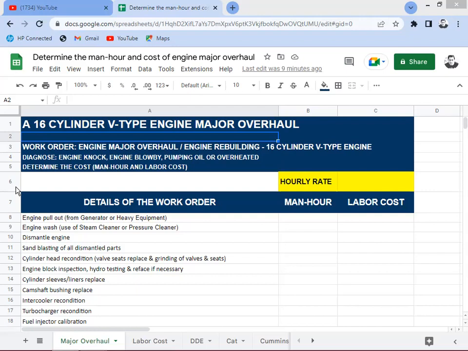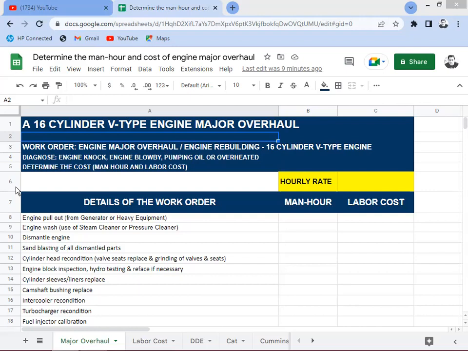It is supposed to give maybe 1,000 or 2,000 horsepower, but the engine does not provide the right torque and horsepower because it is already worn out, and that really needs a major overhauling also. What we're going to determine is the labor cost only. That is what we're going to determine.